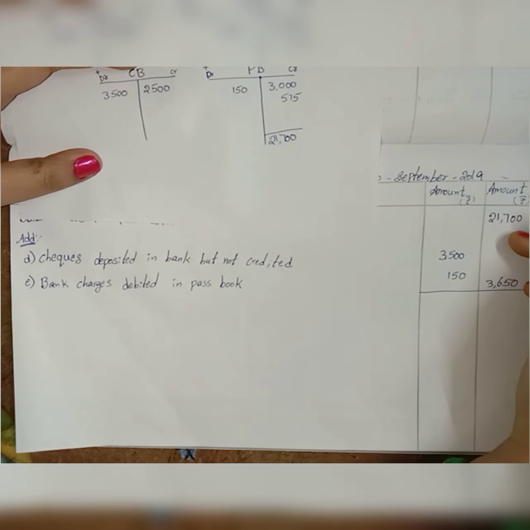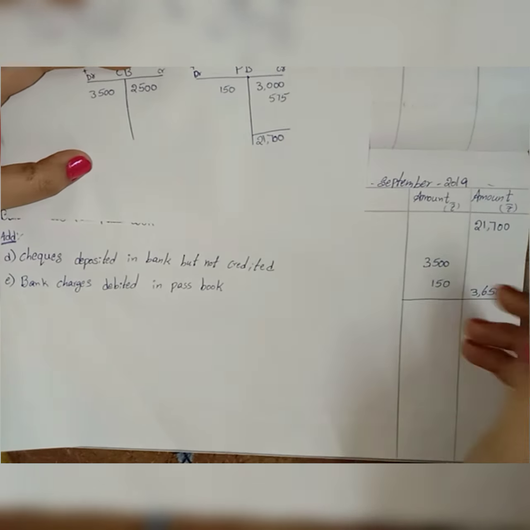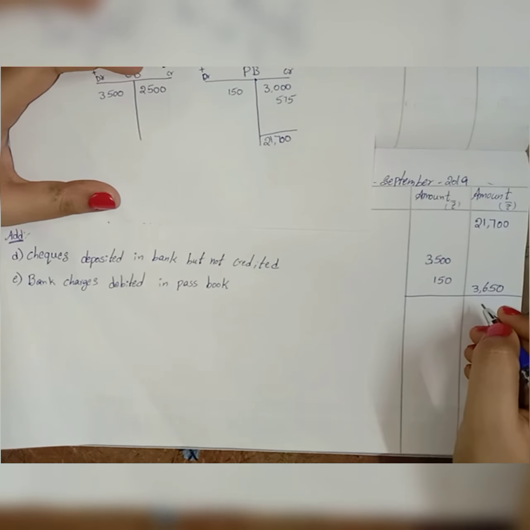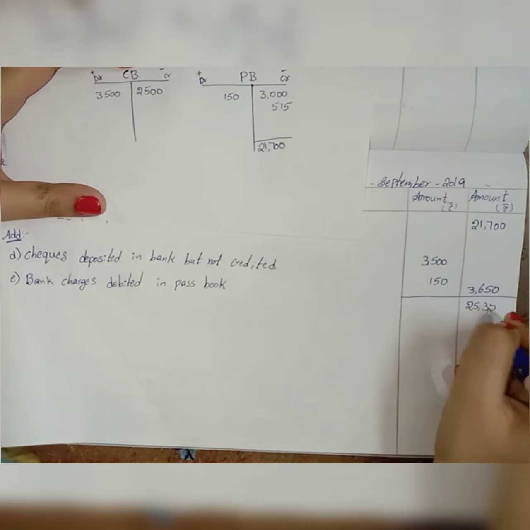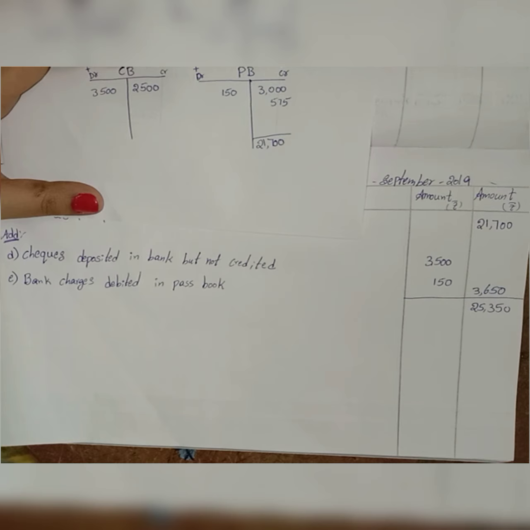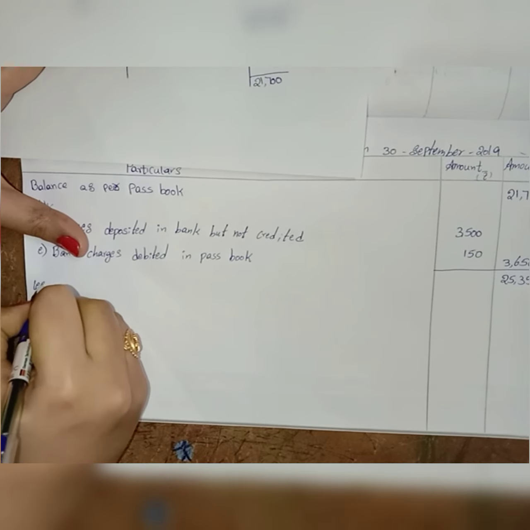So 21,700 plus 3,650, and the total is 25,350.